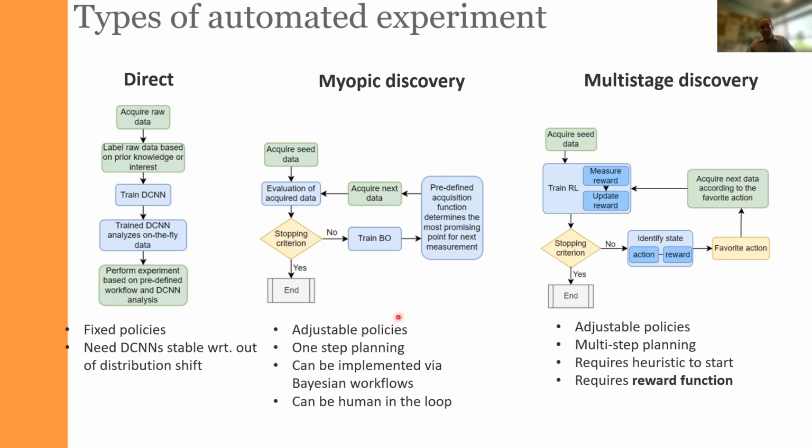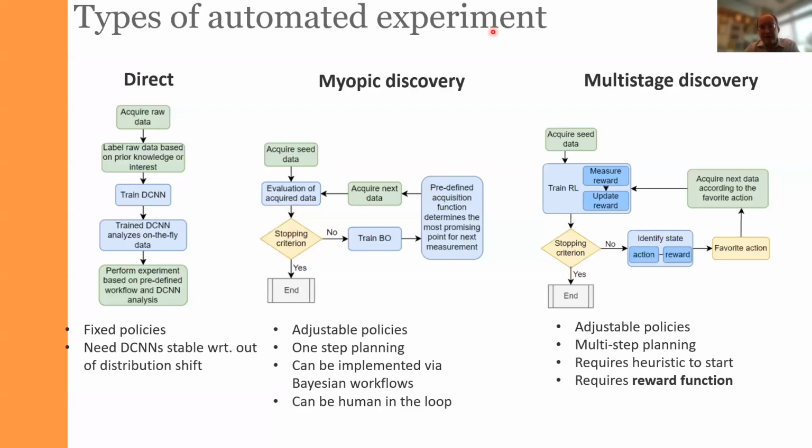In this case, the policies are adjustable, but we plan only one step ahead. There can be more complex multi-stage discovery workflows, but we'll get to this point by the end of the presentation.